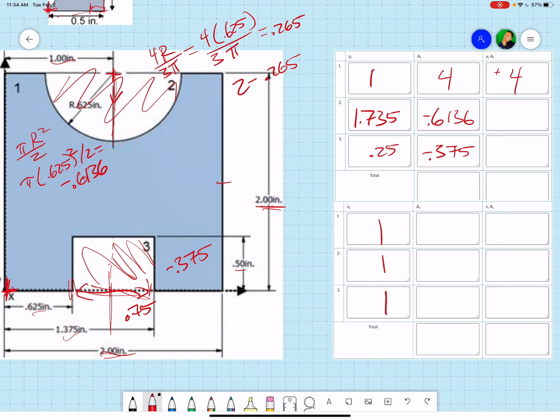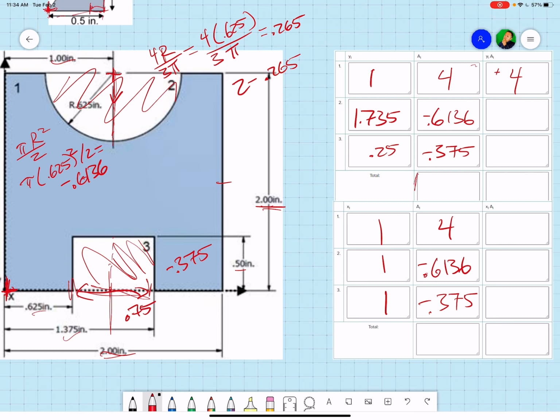So the same area. So we have 4, because it's still the same area, 0.6136 negative, and negative 0.375. Okay? All right, we can add those up real quick, and then we'll finish filling out the right column. So I'm doing this middle column right here, getting the sum of this.